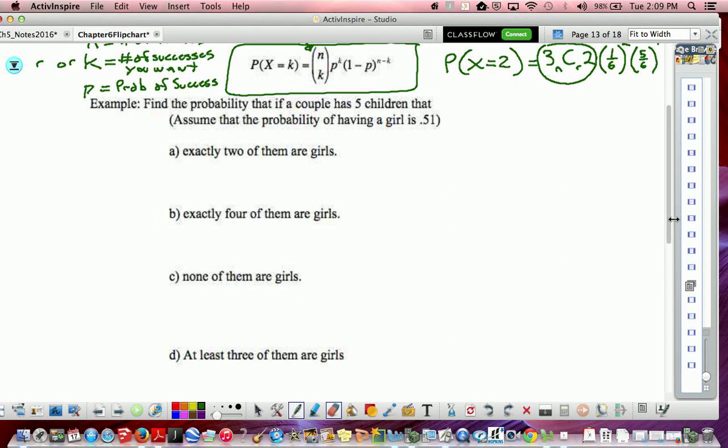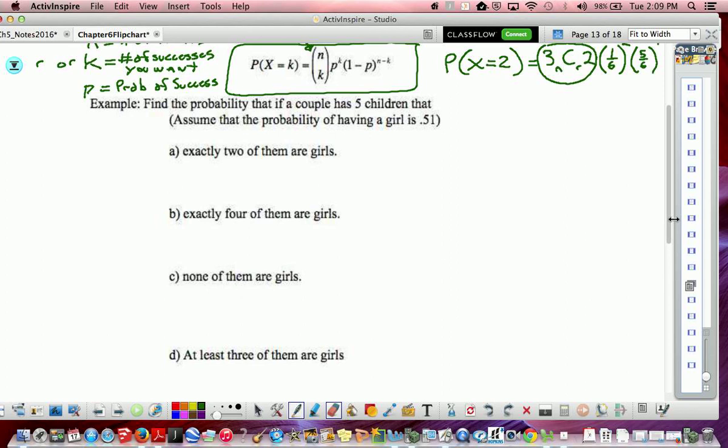Find the probability that a couple has 5 children, where we're going to assume the probability of having a girl is 0.51. I do that so we can decipher the difference between the probability of success and the probability of failure. If I make it 0.5, then the probability of failure and success are the same, so it's not as easy to see where these numbers go in the formula.